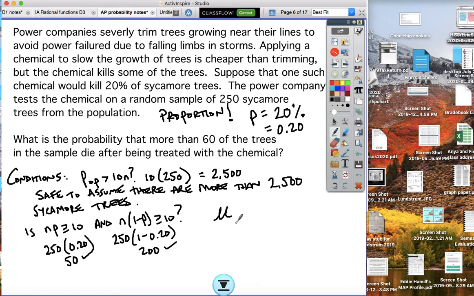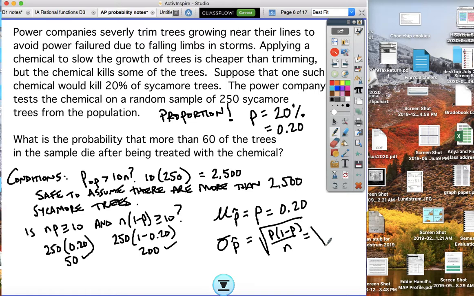So here are the formulas we're going to be using. The mean of my sampling distribution of sample proportions is equal to the population proportion, which we were told is 20%. The standard deviation of my sampling distribution of sample proportions is equal to the square root of p times 1 minus p over n.